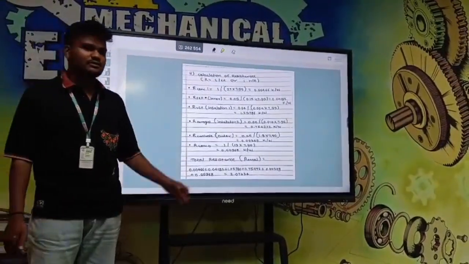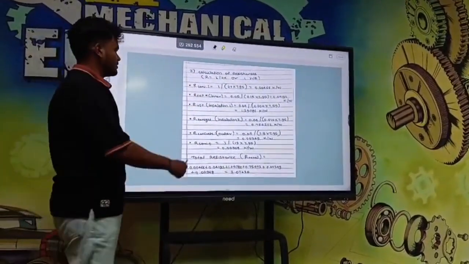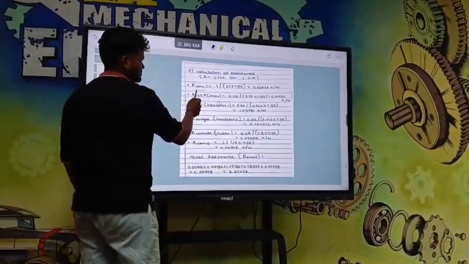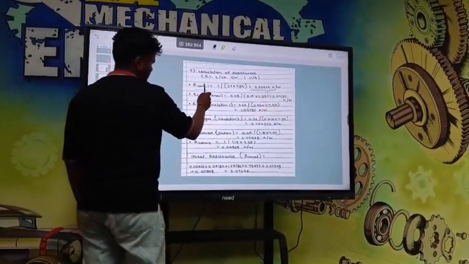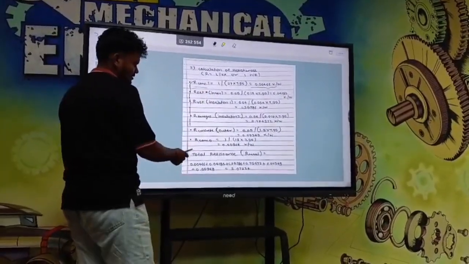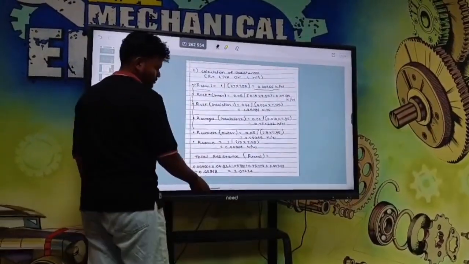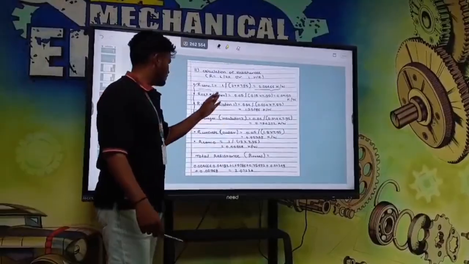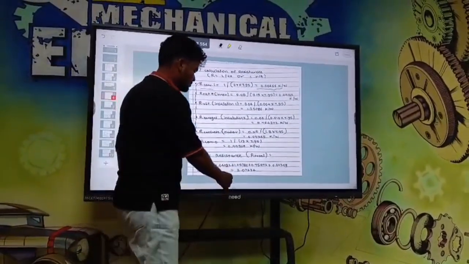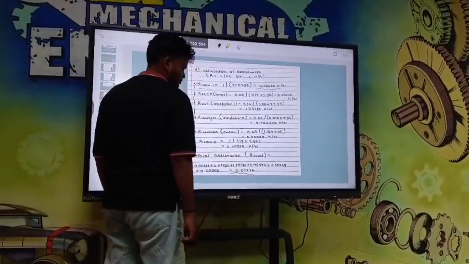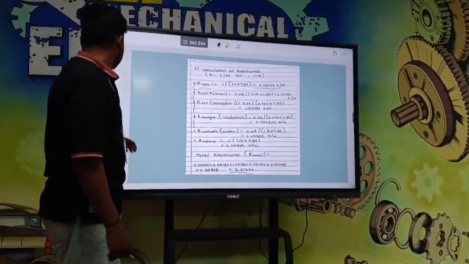I have calculated the resistance of each layer here, starting with the resistance of the inner convection layer, and likewise for all layers. Then I calculated the total resistance by adding all these resistances together, and the value comes to 2.07234.